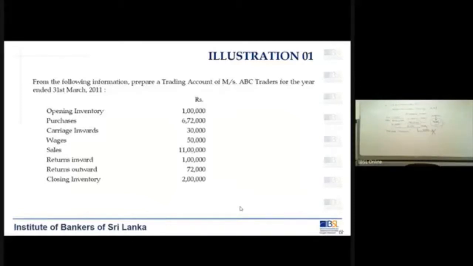Okay, so you need to be mindful that when you are asked with the specific question, prepare the trading account, you need to be sure that trading account will give you only the gross profit. So the question talks about what is the gross profit.